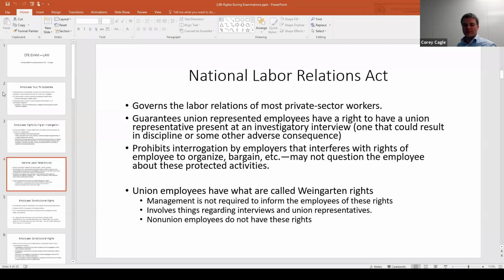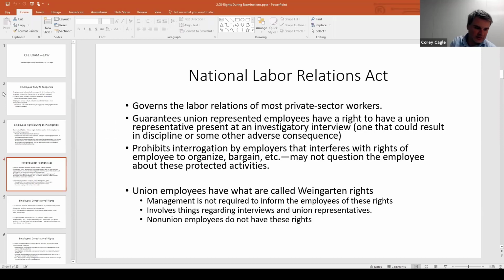An employer may not question the employee about these protected activities. Union stuff is something we don't have a whole lot of familiarity with around here. They have what's called Weingarten rights. Management is not required to inform the employee of these rights, but they involve interviews and union representatives. Non-union employees don't have these rights.